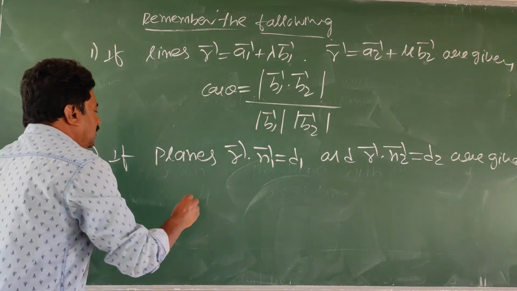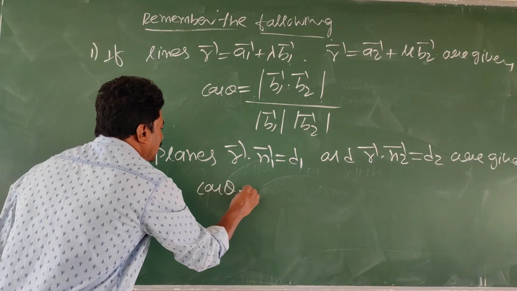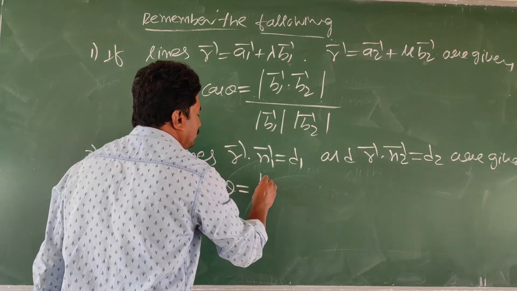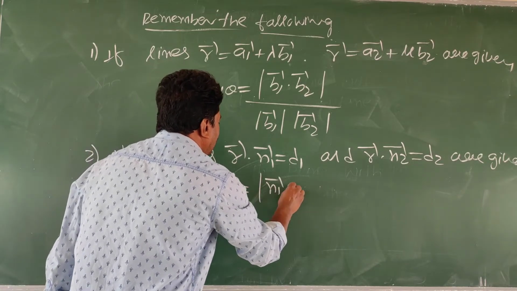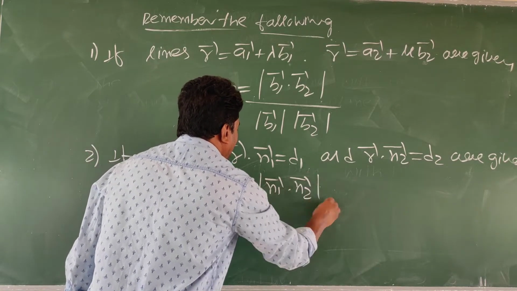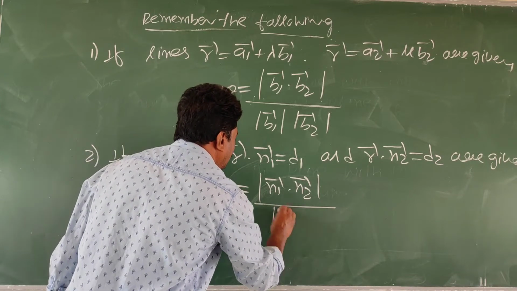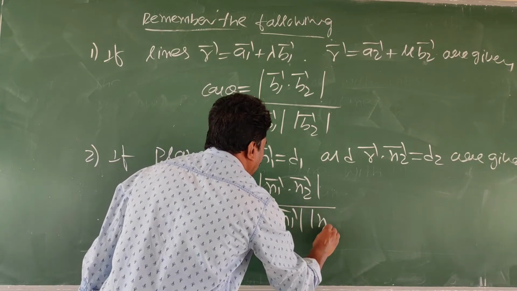Cos theta is equal to the mod of n1 dot n2 divided by the length of n1 into the length of n2.